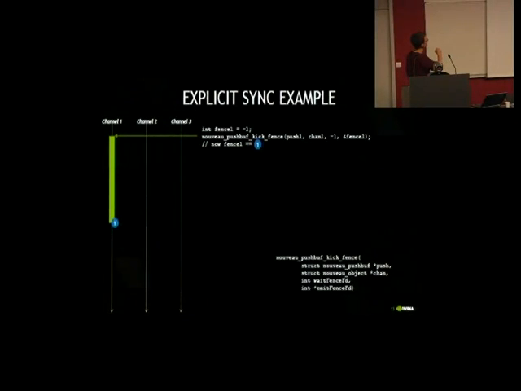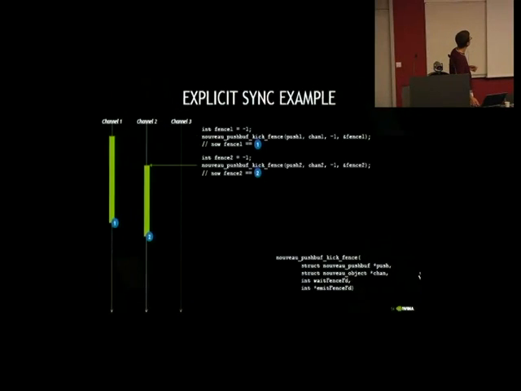But instead here we package it in an FD and return it to user space. And the function also takes a dependency, the wait fence FD. So if you had a dependency, you could explicitly tell the function to wait for this fence before it can process this.